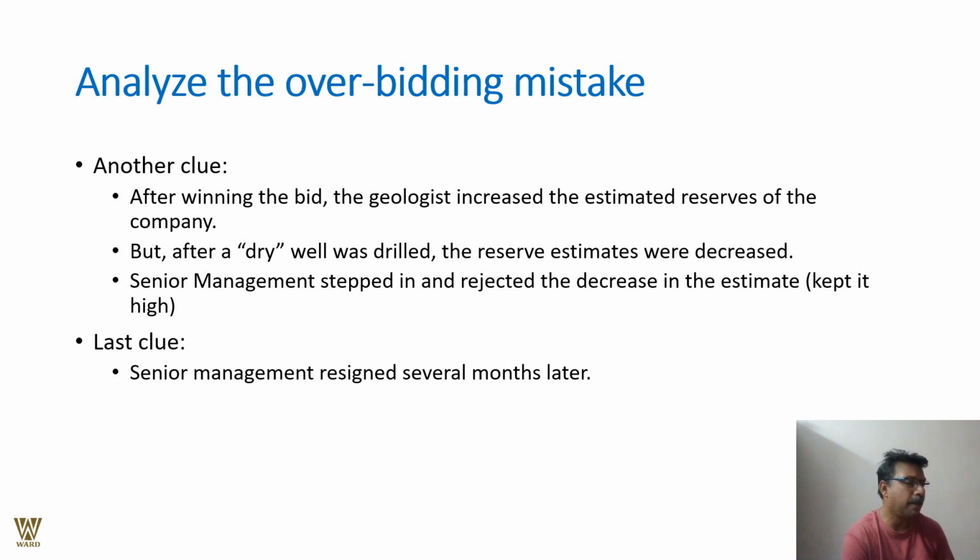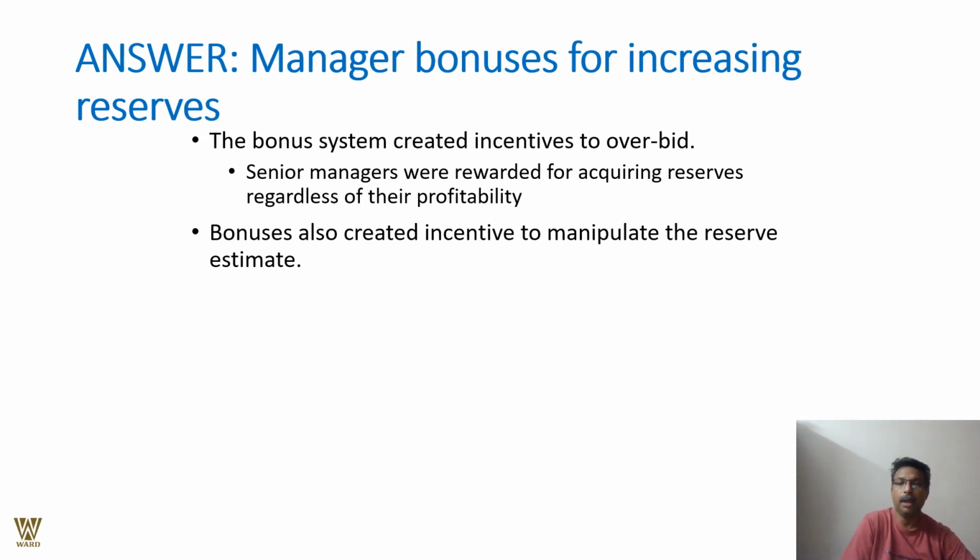And why should it happen in the first place? The answer is very simple: manager bonuses. For increasing the reserve, the bonus system created an incentive to overbid. Senior managers were rewarded for acquiring reserves regardless of productivity, regardless of profitability. The mere fact that you got the tender, everybody was happy. Bonuses also created an incentive to manipulate the reserve estimate.